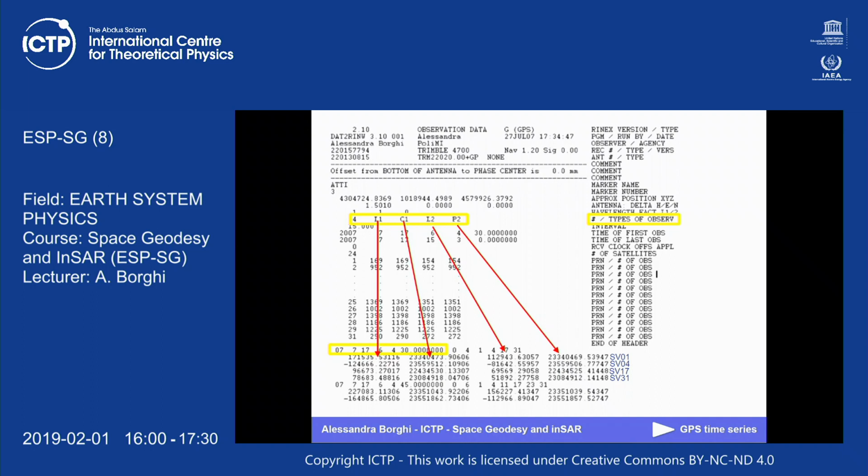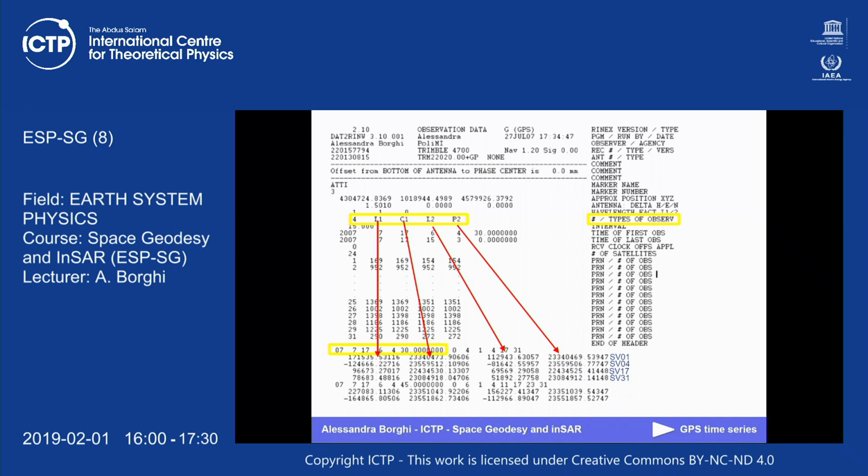Here you have four observations, L1, code 1, L2, P2, and so on, and each column is related to one observation. In this row the time is written. It's an old file from July 2007, and this is the time, 6 in the morning, of course, plus 30 seconds.